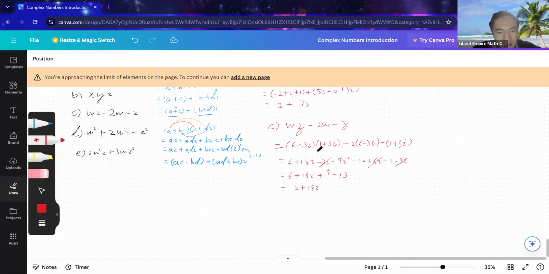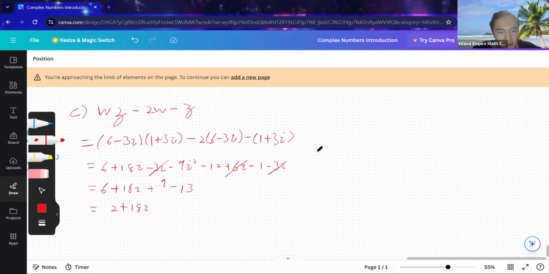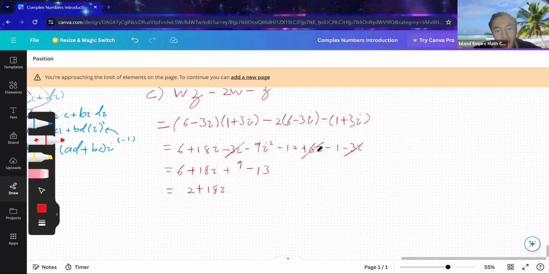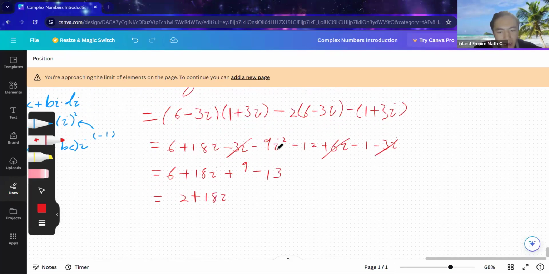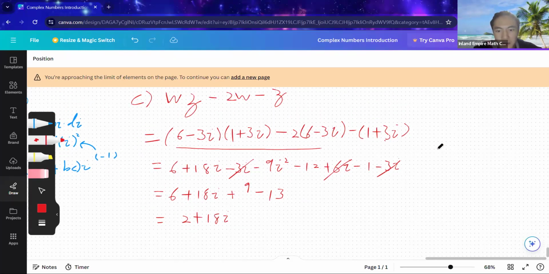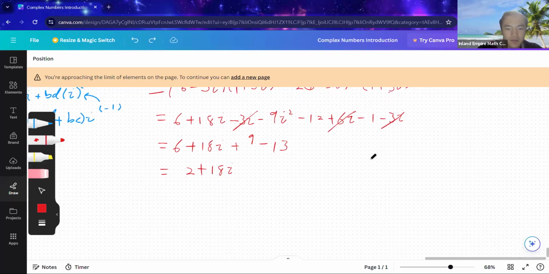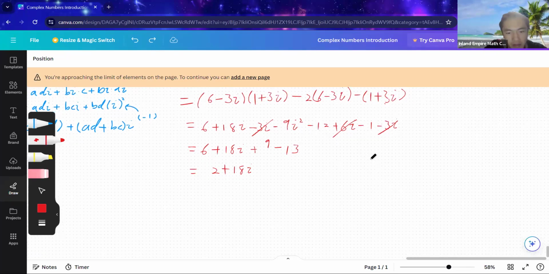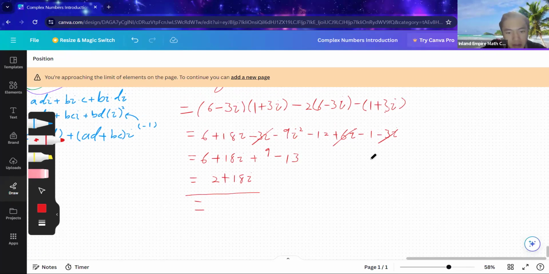Here, let me show you how I would solve it as someone who's worked with complex numbers for a bit. I would just refer to the problem and go straight off the bat. This is equal to 6 plus 18i minus 3i, so that's just plus 15i.